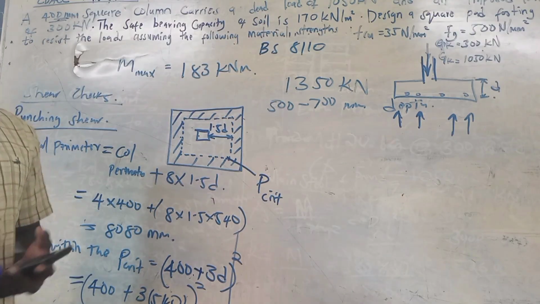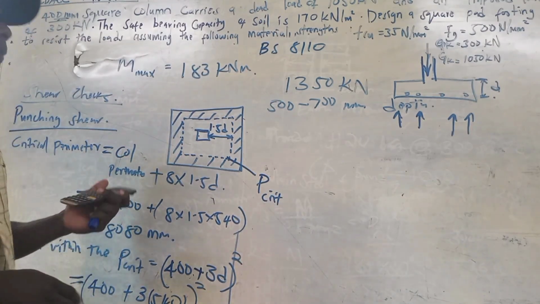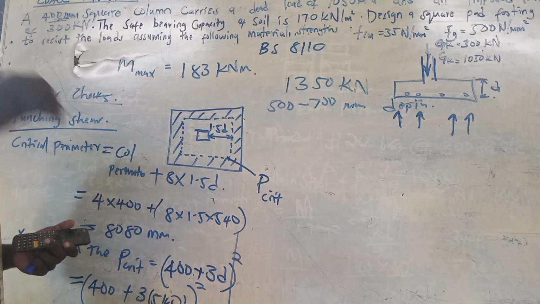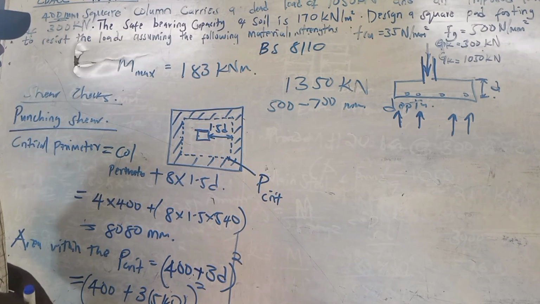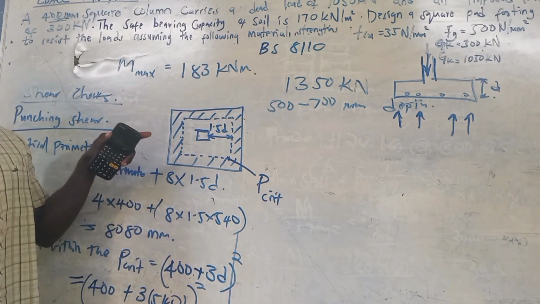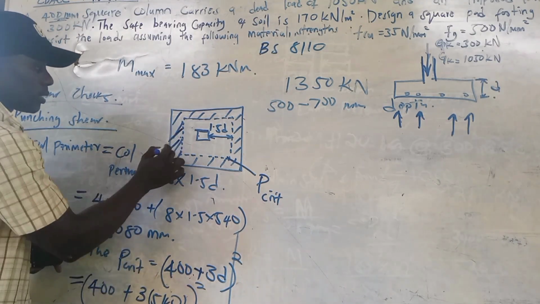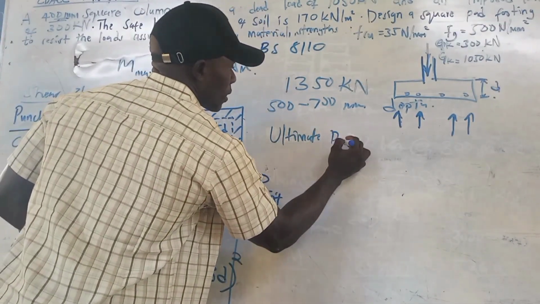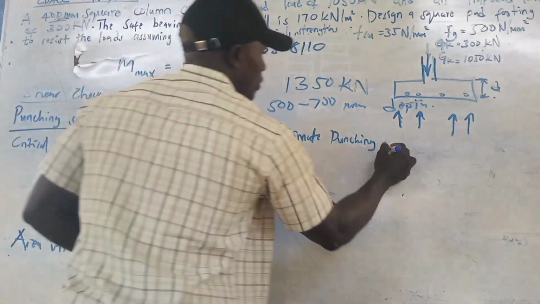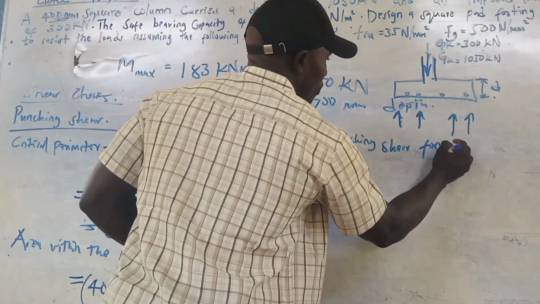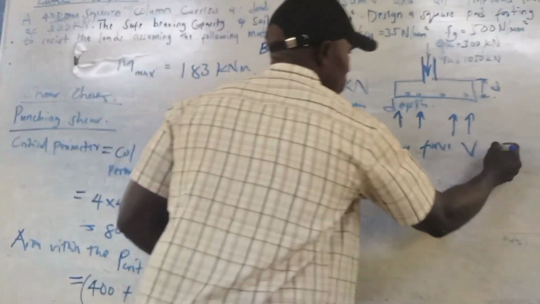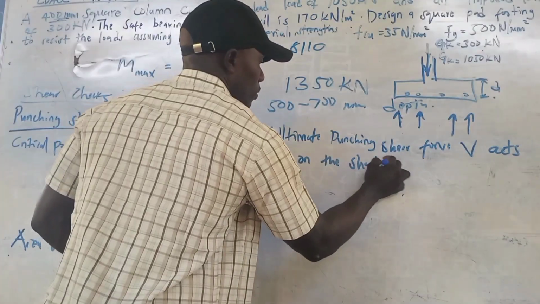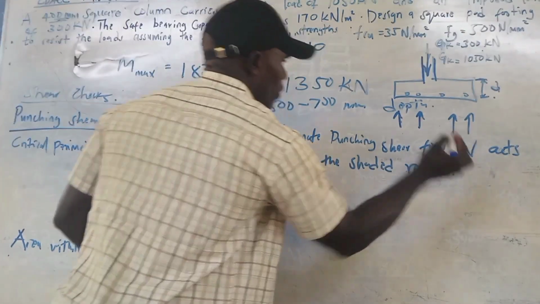Okay. Then after that, you calculate the ultimate punching shear force. Okay? The ultimate punching shear force. Where does it act? It acts on the shaded region. This one here. So the ultimate punching shear force V acts on the shaded region. Okay?